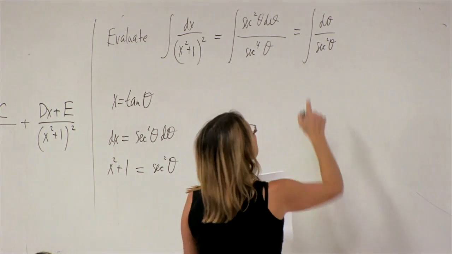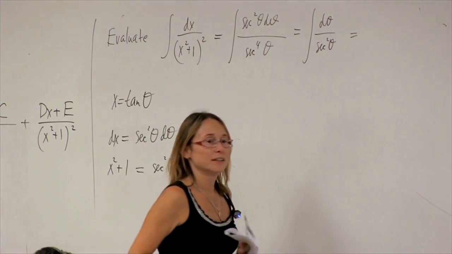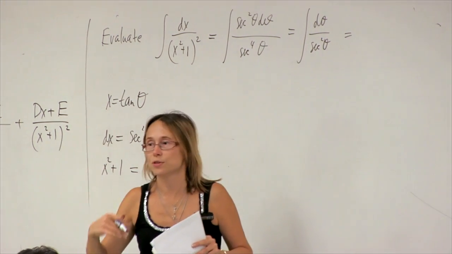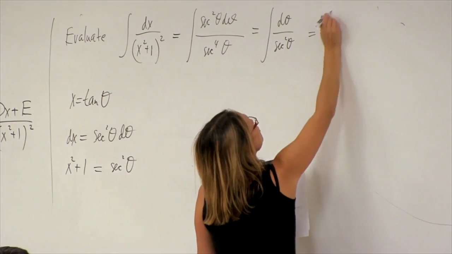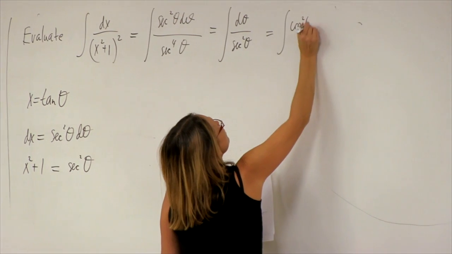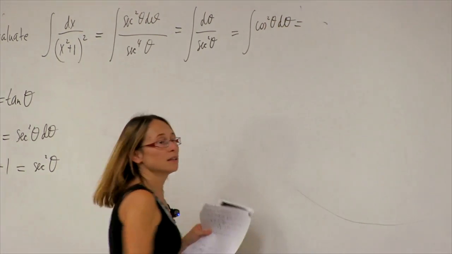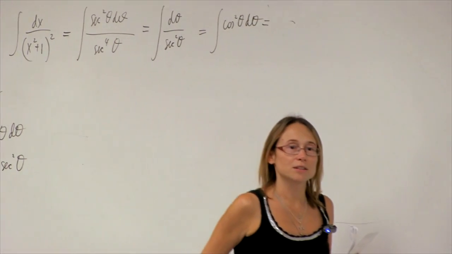Okay. Is this an easy integral? It's not secant squared, it's 1 over secant squared. So the best idea is to remember that secant is 1 over cosine. So we have cos squared theta d theta. Now we use a half angle identity.